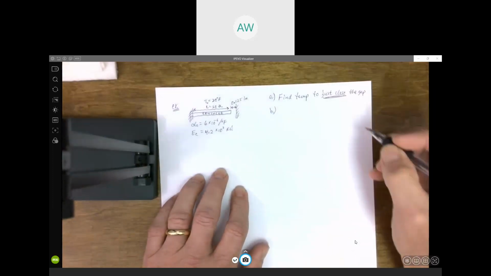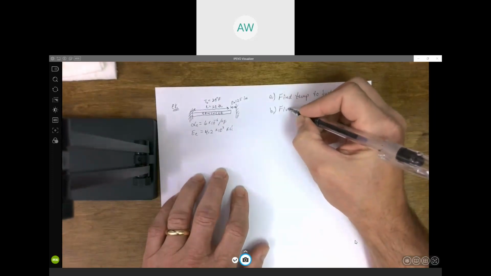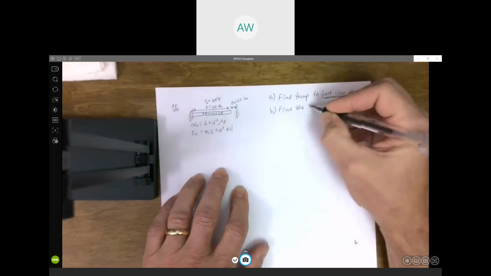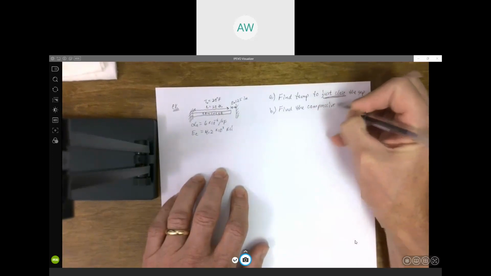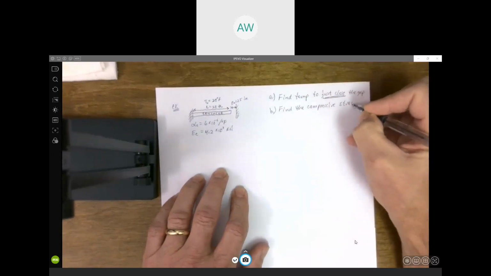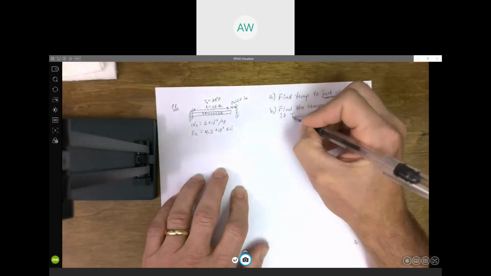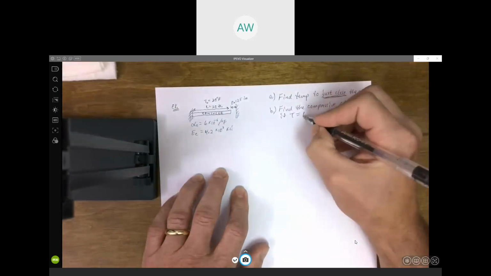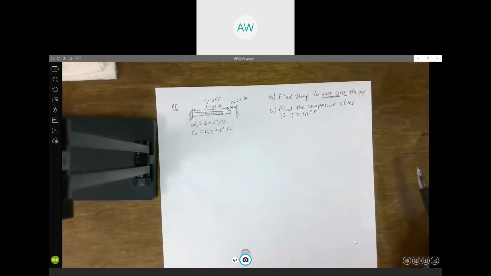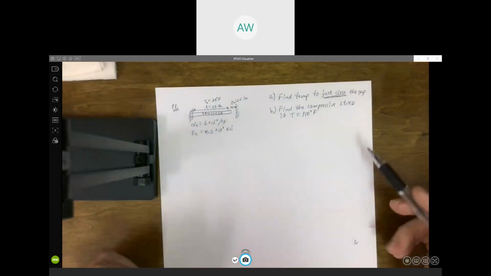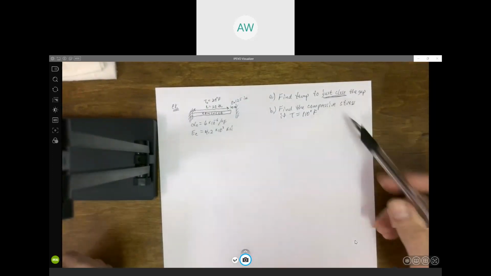And then the second part, for part B, we're going to find the compressive stress if the temperature goes up to 110 degrees Fahrenheit. So obviously we're going to see that 110 is more than enough to close that gap.